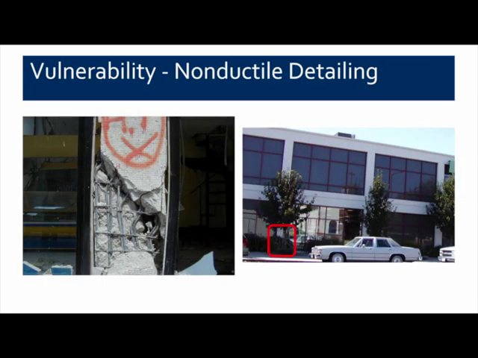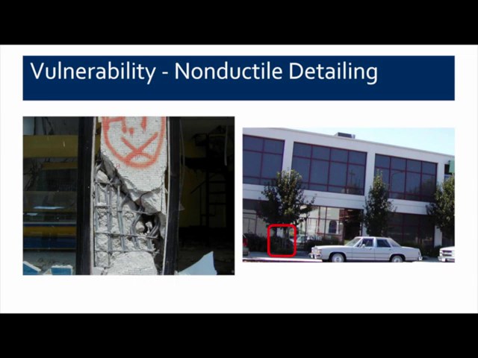The first one that you see here is referred to as non-ductile detailing. If you look on the right-hand side, you'll see the concrete moment frame building that we were looking at earlier with the nice expression of the horizontal beams and vertical columns, and a red square that shows the base of one of the columns.